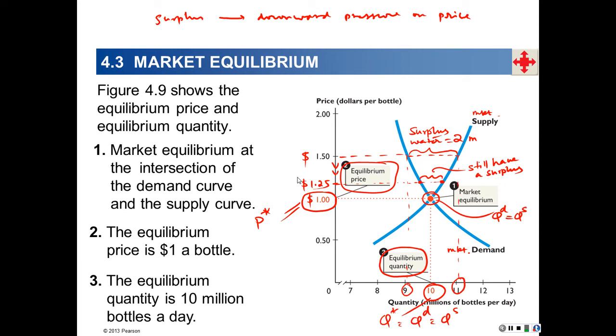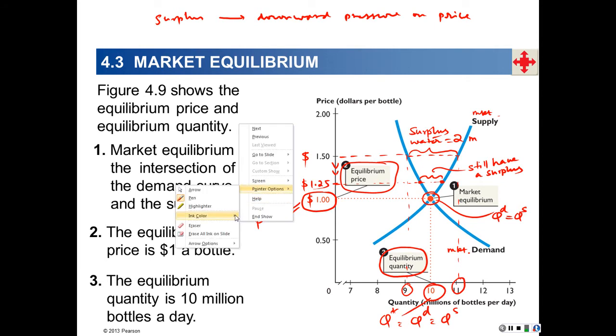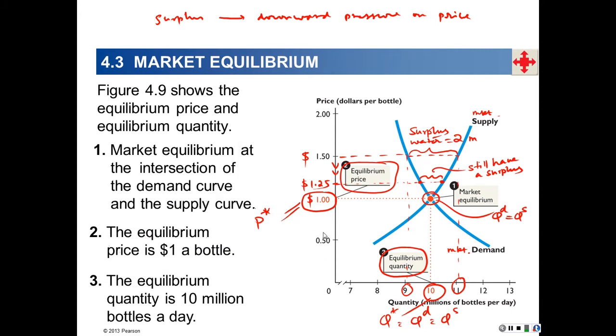Now, if the price, on the other hand, was 50 cents a bottle to begin with, okay? So if the price of bottled water were 50 cents to begin with, what would our story be? Well, at that price of 50 cents, you can read off the market quantity demanded, correct? And you would use which curve to do this?